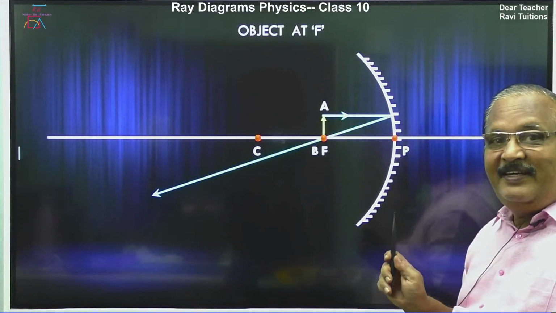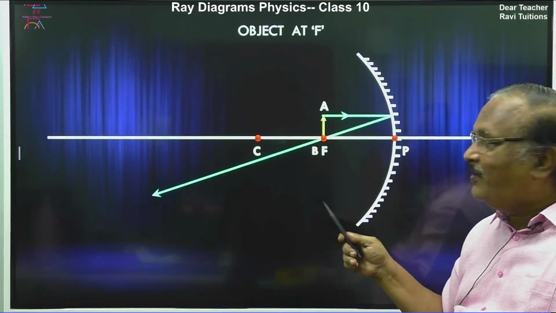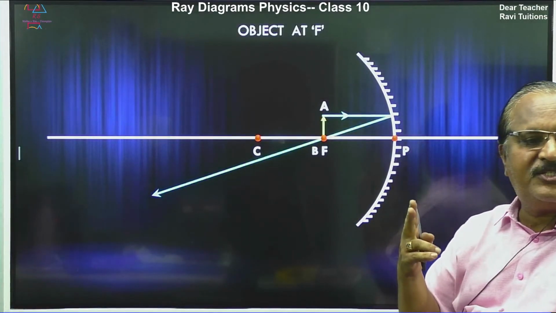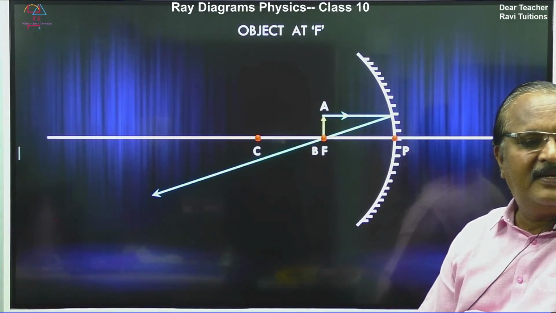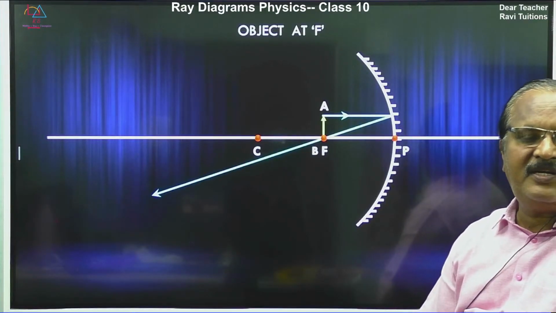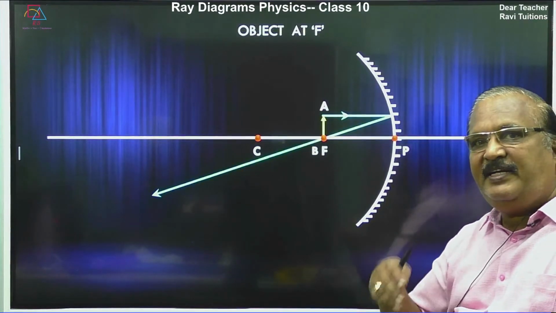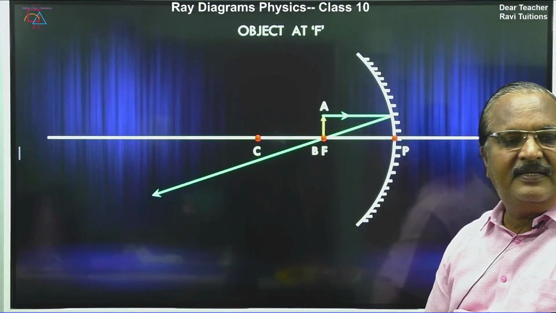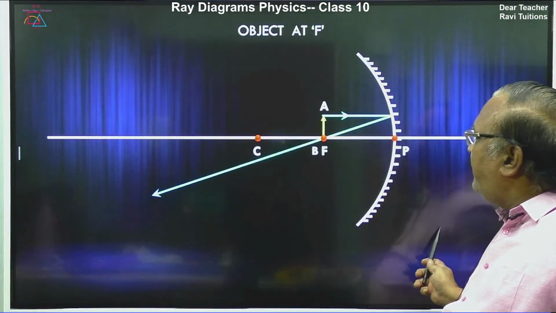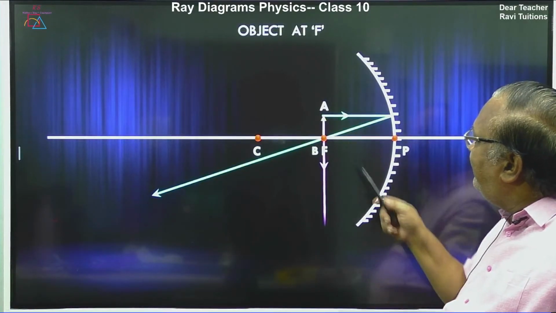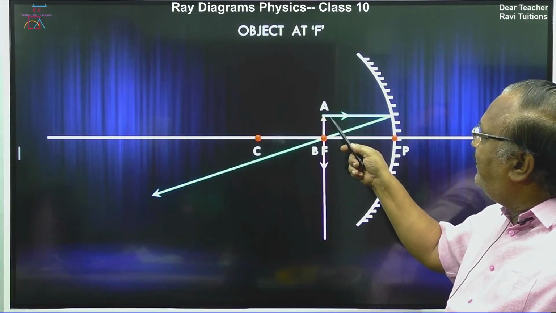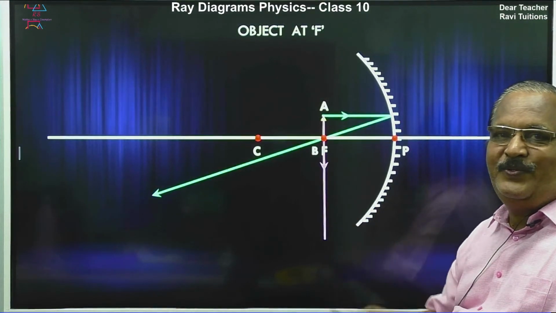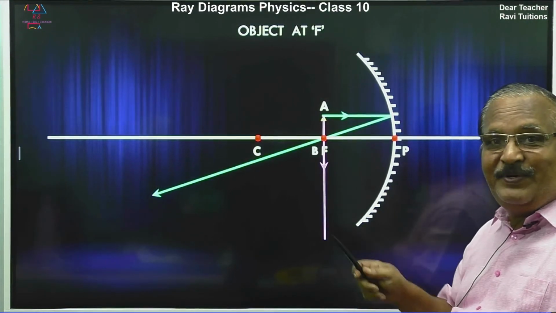See, now there is a problem of one more ray to intersect, because two rays should intersect. Magnified, larger, bigger than the object, you can write any of these. Then if you draw a line through the focus, it goes like this. No use. So you have to draw one more ray.